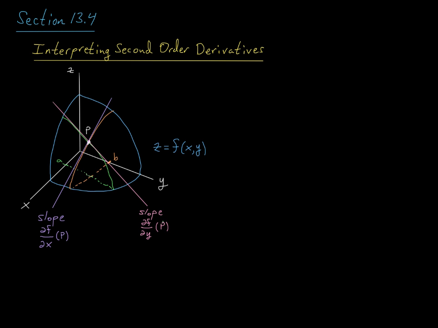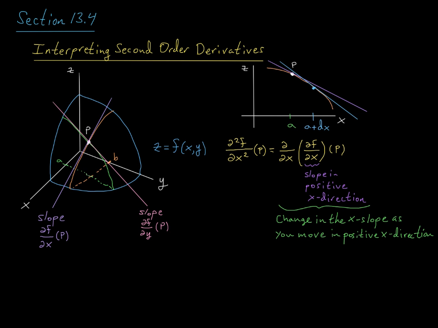Okay, so how about, say, the xx derivative? What is that telling us geometrically? Over here on the right, I've gone ahead and drawn our xz cross section. You can see there's that orange trace curve when x is a.